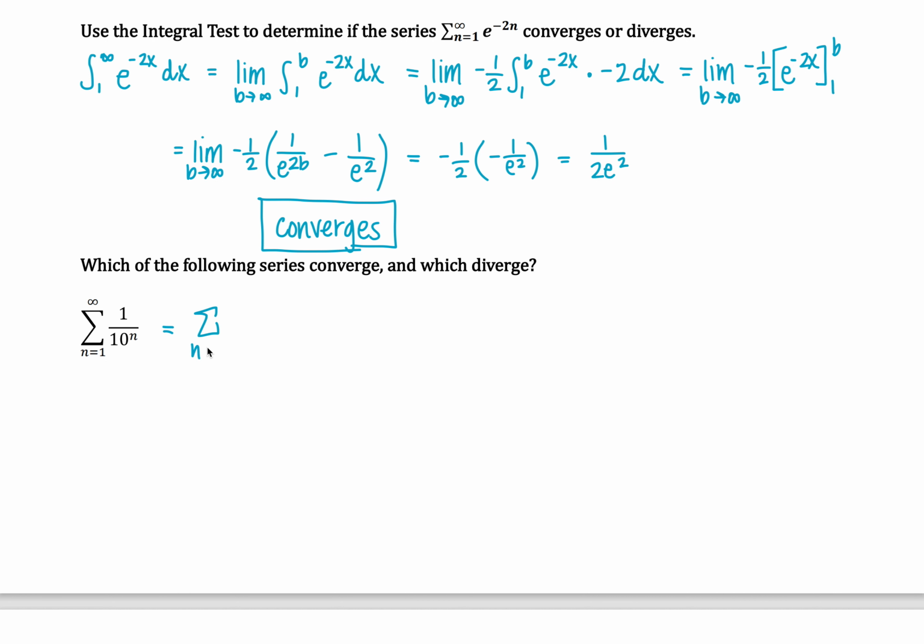It's the sum from n equals 1 to infinity of 1/10 times 1/10 to the n minus 1. So this is a geometric series with r equals 1/10. If the absolute value of r is less than 1, then it converges.